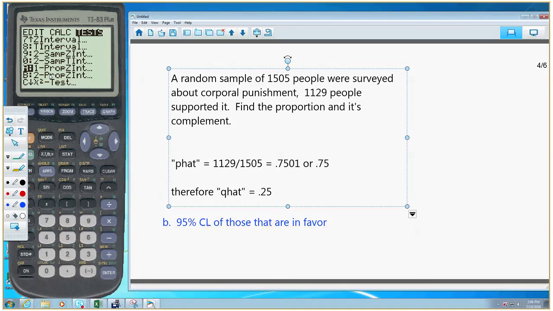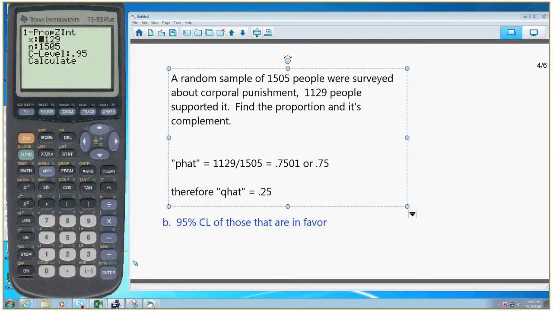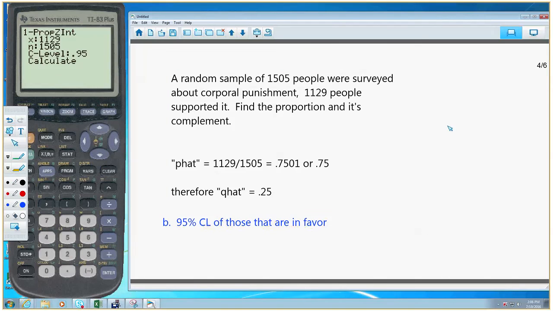Okay, got that. Hit enter, and then put in X. What is X? 1129. And N is always the biggest number, 1505. And then what's your confidence level? 0.95. Don't put in 95% because it won't take it. You've got to put in 0.95, hit calculate, and see what you get.